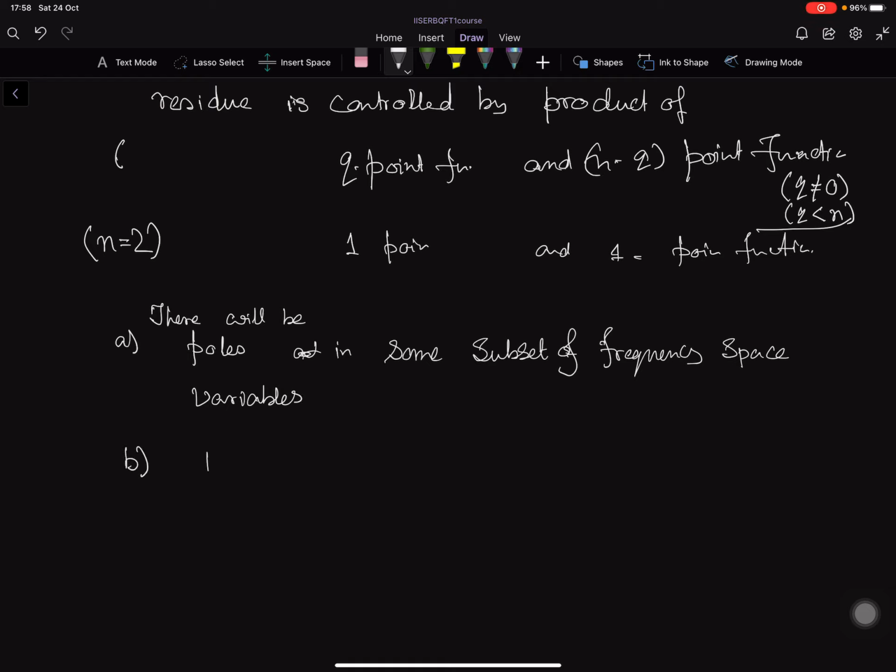Two, the locations of the poles are again some En minus E0.